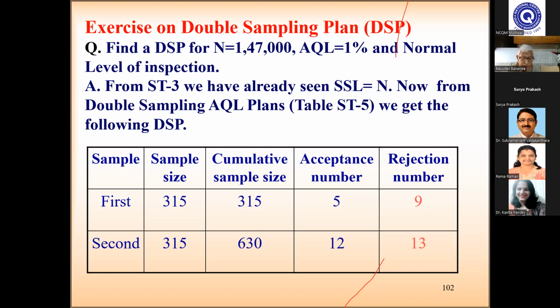Can some of you interpret this table? Doctor, interpret this table. Should I do it or allow others to do it? Whoever wants to. Okay, let somebody else do it. Rima, can you do it for me, before I ask Kavita or Dr. Subramaniam? Because you should also pass the exam.